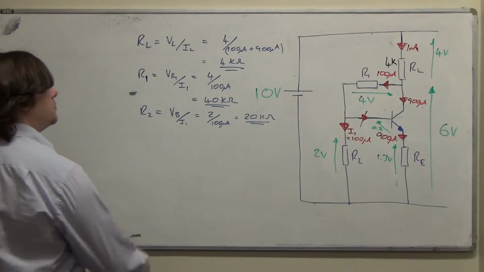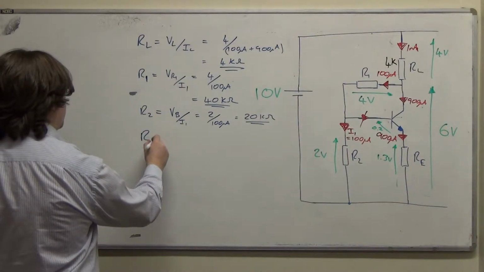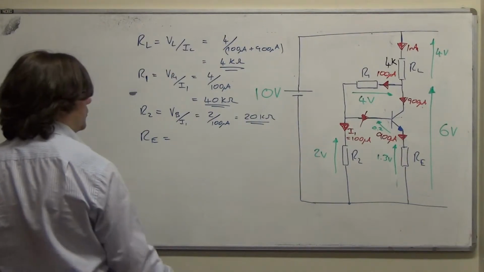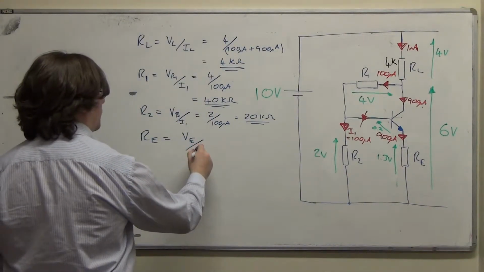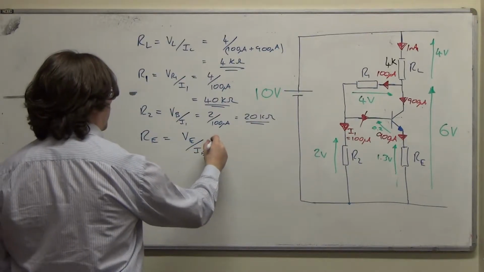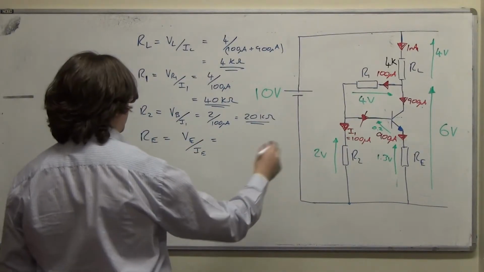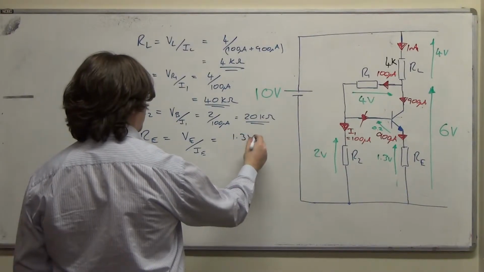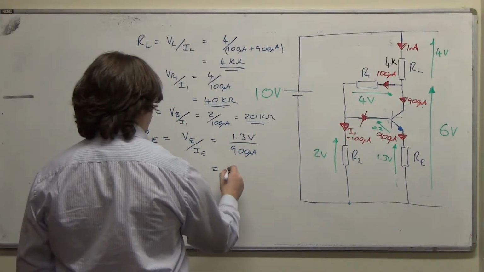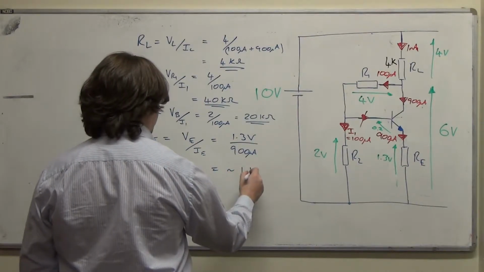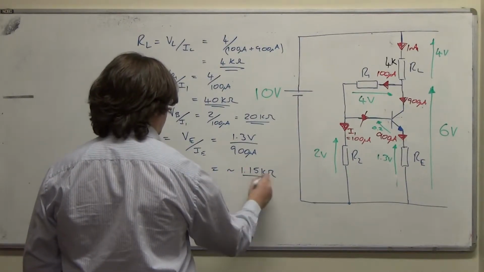And that only leaves us with the value for RE, and that's Ohm's law on this resistor: VE upon IE, which is the same as IC, which is 900 microamps, so 1.3 volts over 900 microamps. So that's going to be in the order of 1.15 kiloohms.